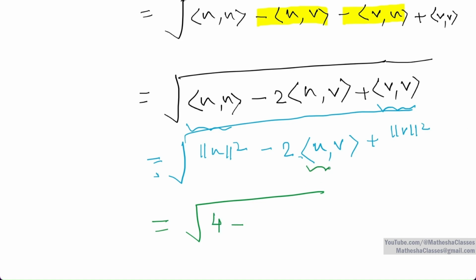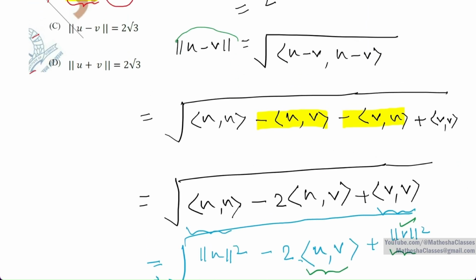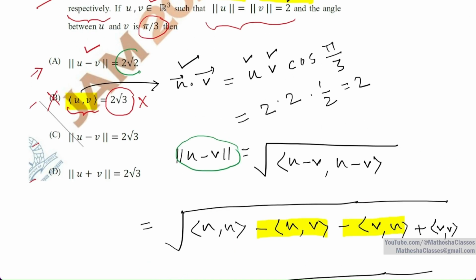We have calculated that inner product of u with v is 2, so the second term will be minus 4, and norm of v square is 4. So we can cancel them out, so this is equal to 2. So we have obtained that norm of u minus v is 2. It is neither 2 root 2 nor 2 root 3. So we can cancel out A and C.